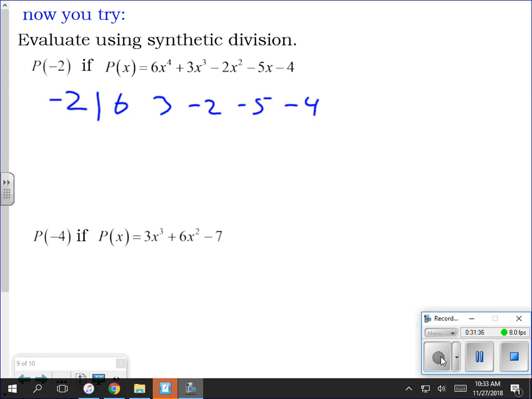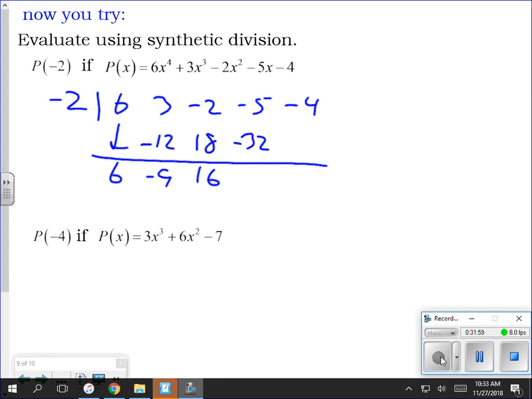I don't have to have any zeros. Bring the first one down, multiply, add, multiply, add, multiply, add. -2 times 6, -12. Add, I get -9. -2 times -9 is 18. Add, I get 16. -2 times 16 is -32.